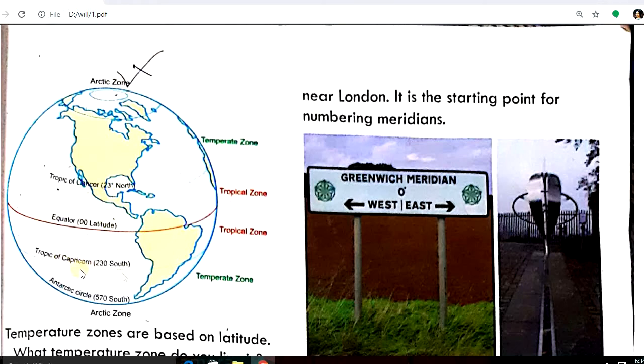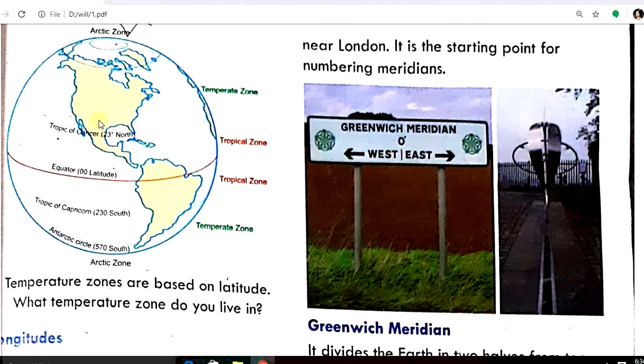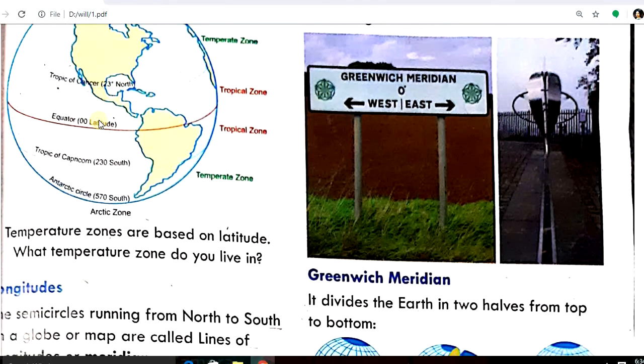Now Tropic of Capricorn is in the southern hemisphere, and this is the Antarctic Circle. It is also in southern hemisphere, and Arctic Circle is in northern hemisphere. Now I thought you have understood it.